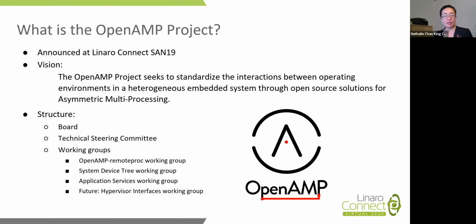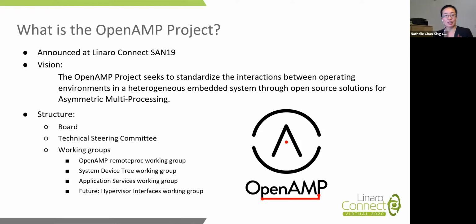All right, so what is the project itself? The community project was announced at Linaro Connect San Diego 2019. And I guess to make a distinction from its previous life when it was hosted at the Multi-Core Association, this is a community project now, and it's a bit bigger.